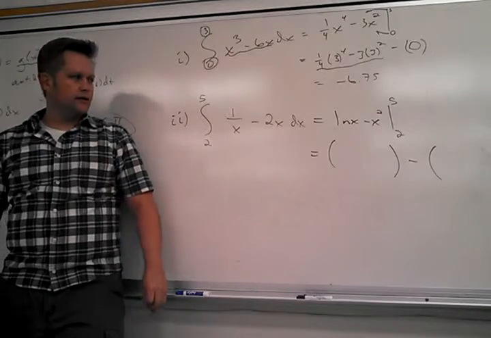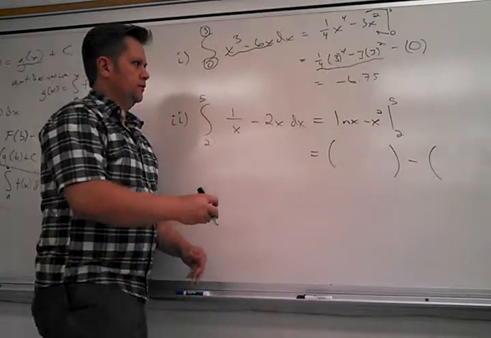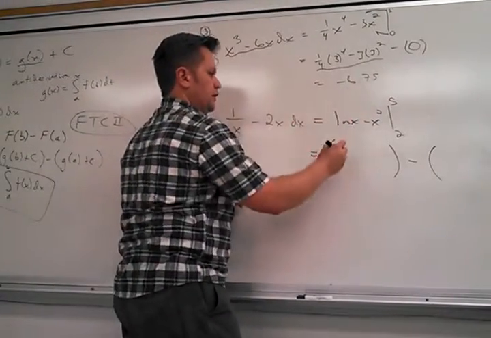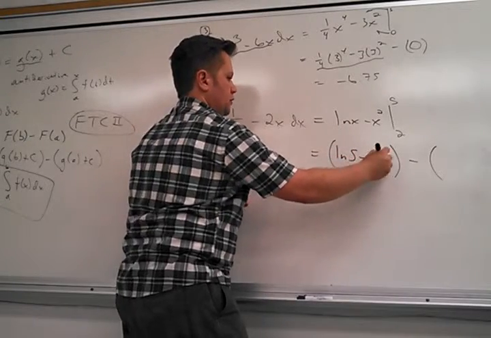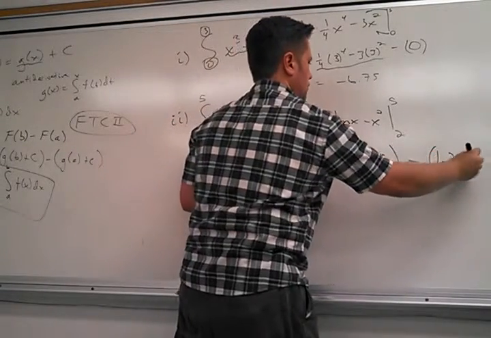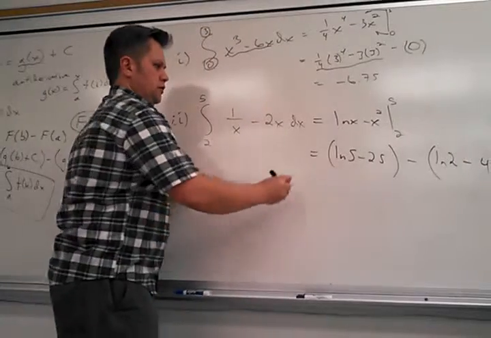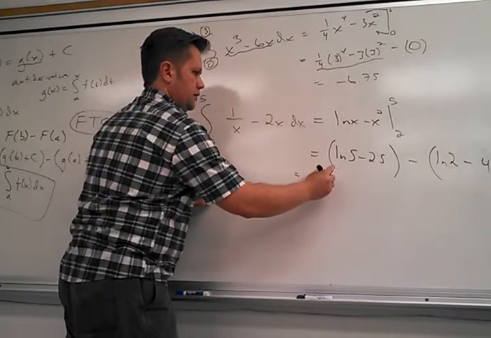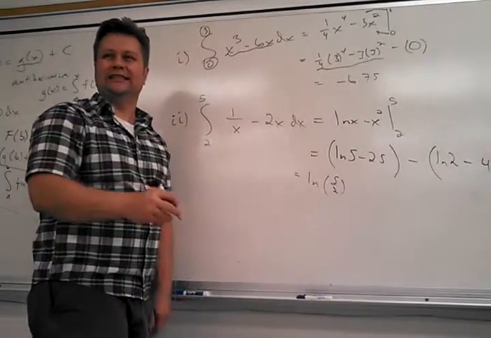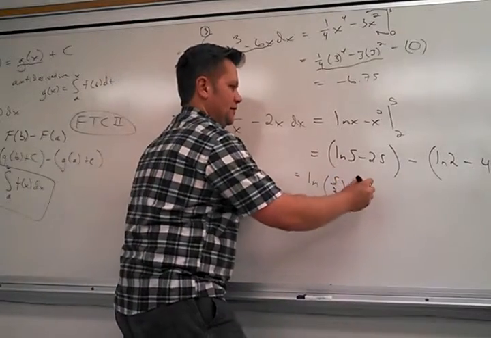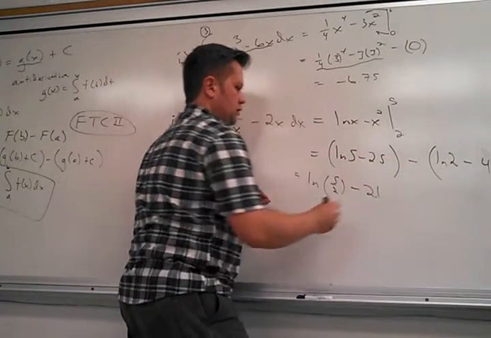Don't make little mistakes like that. So just plug it into 5, you get ln 5 minus 25 minus ln 2 minus 4. So you get ln 5 halves, minus 25 plus 4, so minus 21.